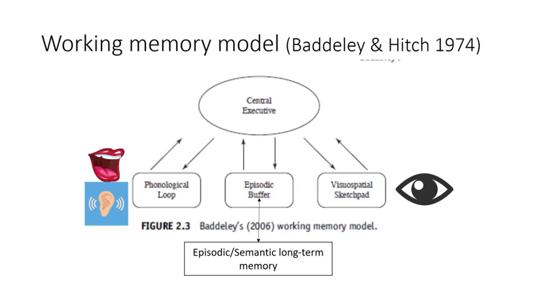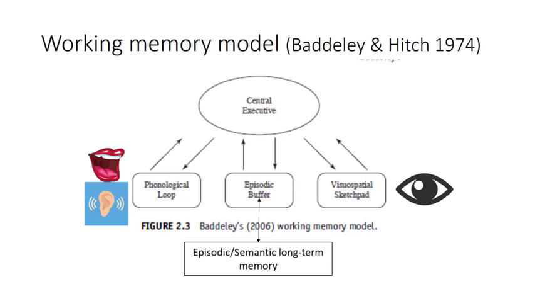The most famous working memory model is by Baddeley and Hitch, and it has been revised a few times. They explain that working memory structure can be divided into three components that are central executive, phonological loop, and visual spatial sketchpad.